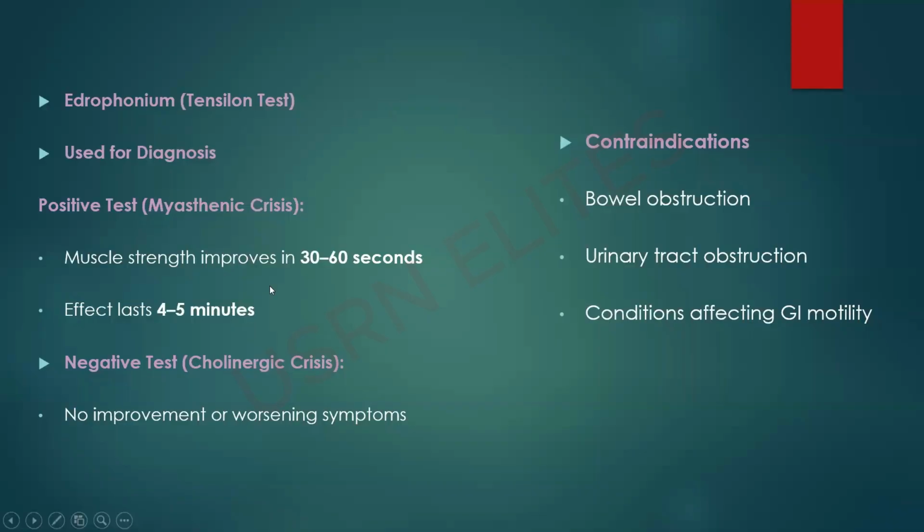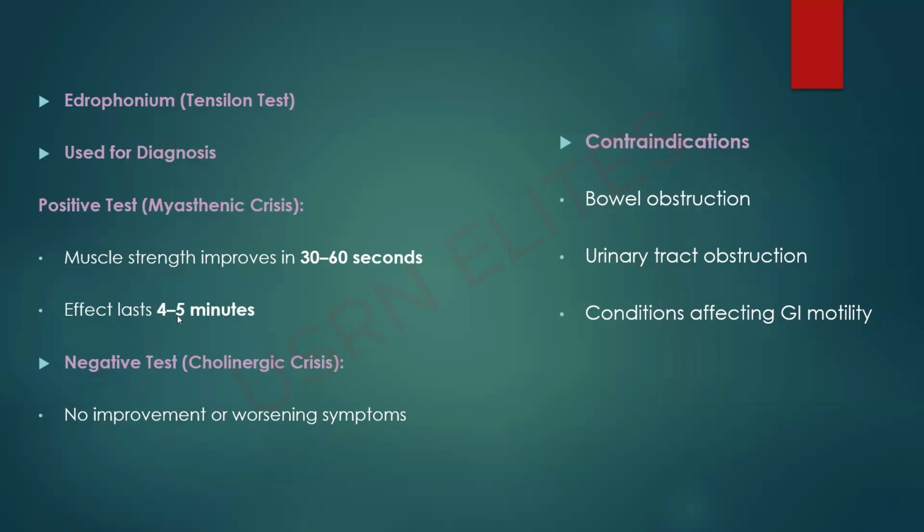Then after you give it, within 30 to 60 seconds, you will see improvement in the muscles of the person who is being affected. So if, let's say, there is ptosis or drooping of the eyelid, as soon as you give it, within 30 to 60 seconds, you see strength in that part which is sagging.